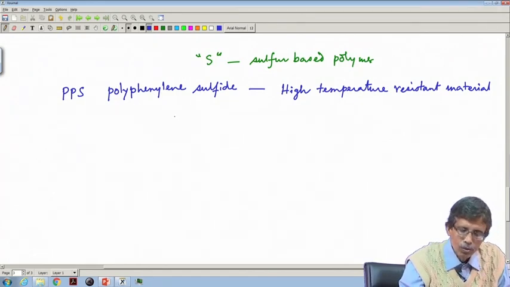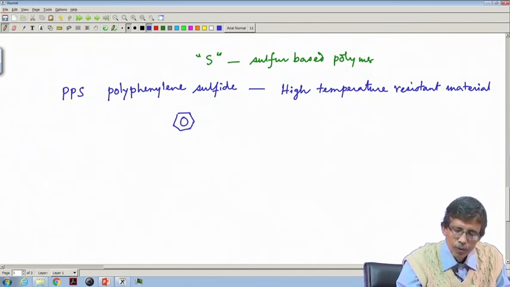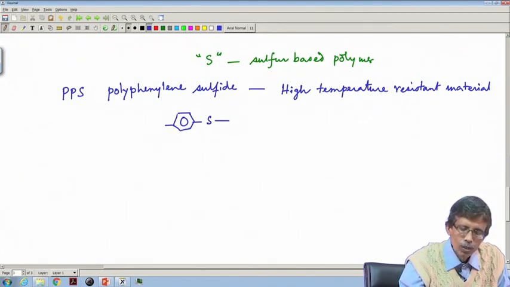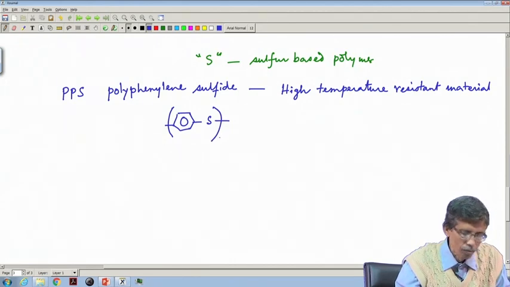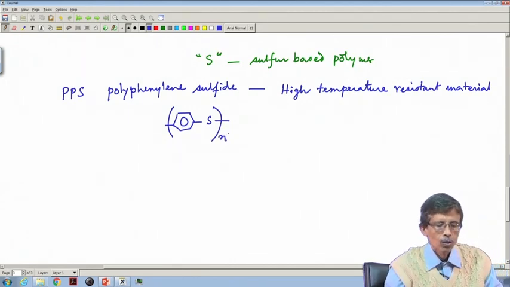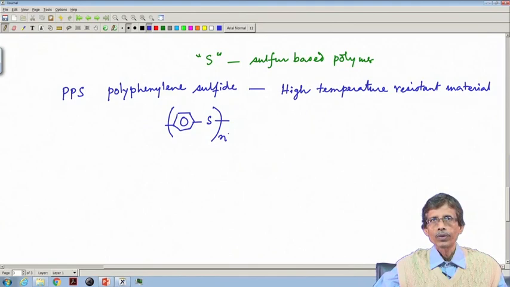So, you have the phenyl ring backbone and the sulfur, and these two positions are getting polymerized. So, you have this polyphenylene sulphide.